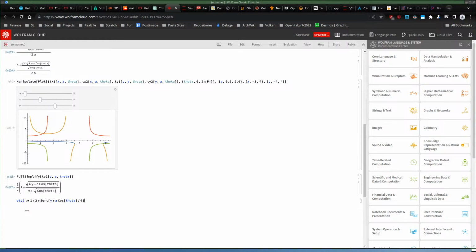But the whole thing has to be divided by cosine and a, so also both under a root.